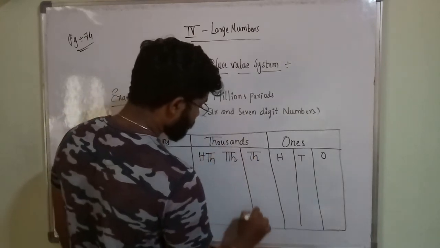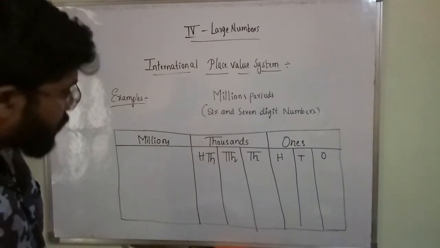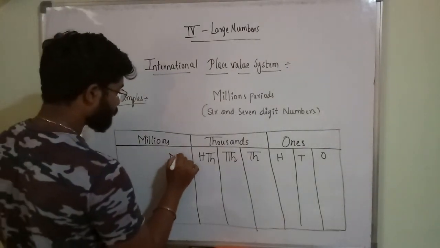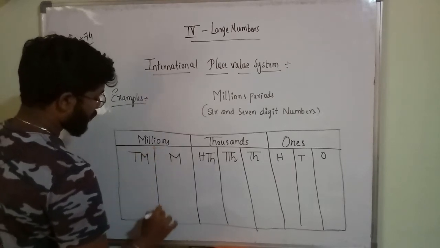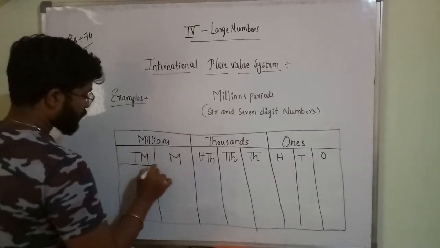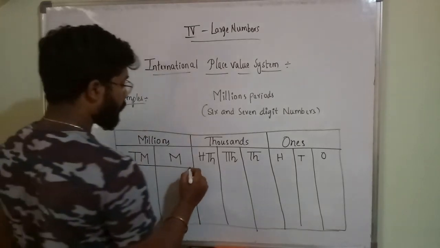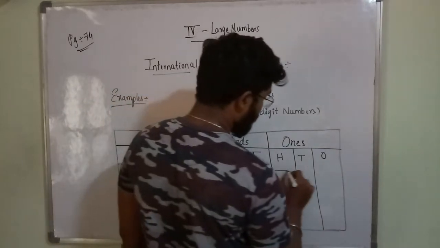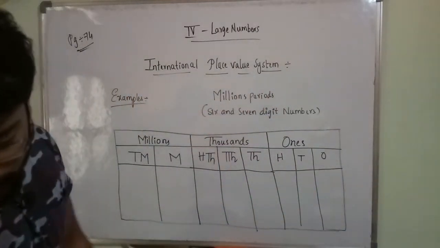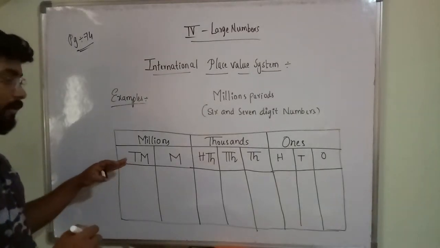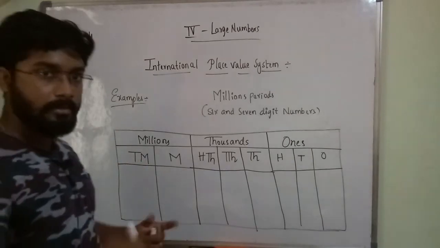Okay, next millions, 10 millions. So here also you will have one more digit that you will come to know in your further classes. Okay, these are the periods. Up to 10 million it is enough. Next you will get 100 million also in the millions period only. That will be introduced to you later.